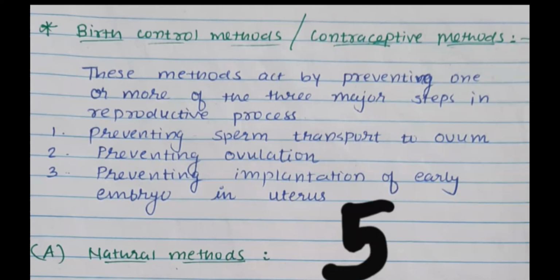In the wall of the endometrium, the embryo is embedded. So these devices prevent that implantation; if implantation does not occur, the early embryos are stuck. So they work by preventing implantation of the embryo in the uterus, preventing ovulation, and preventing sperm transfer to the ovum. These methods we call contraceptive methods.